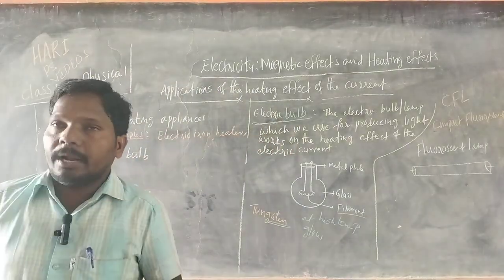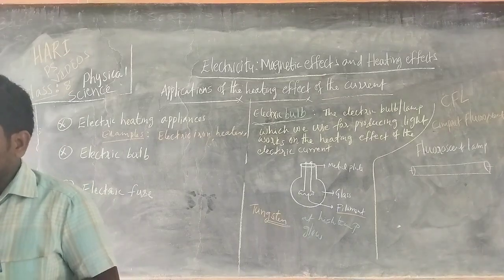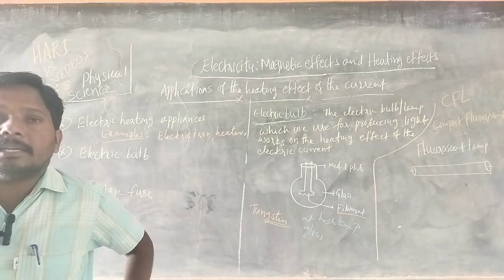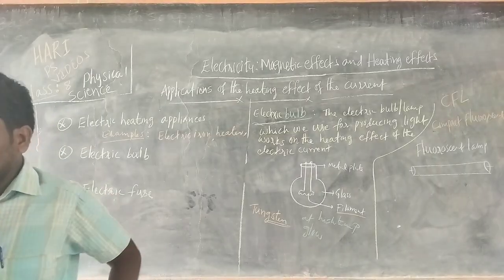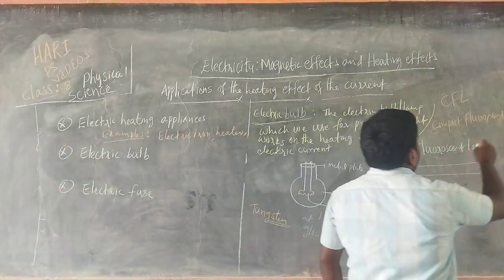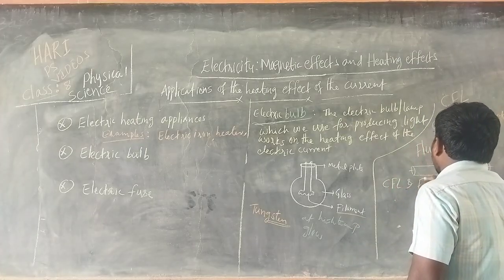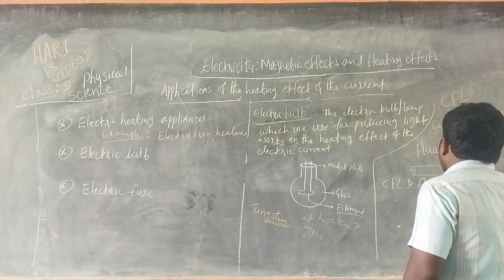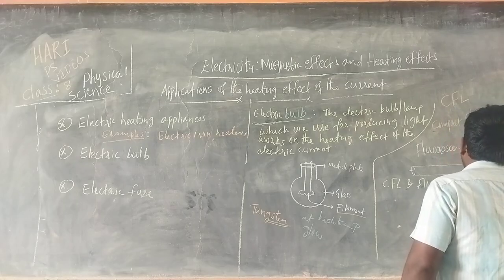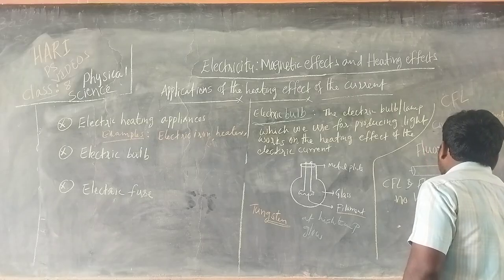So fluorescent tube lights and compact fluorescent lamps do not work on the heating effect of electric current, because these CFL and fluorescent lamps have no heating element.